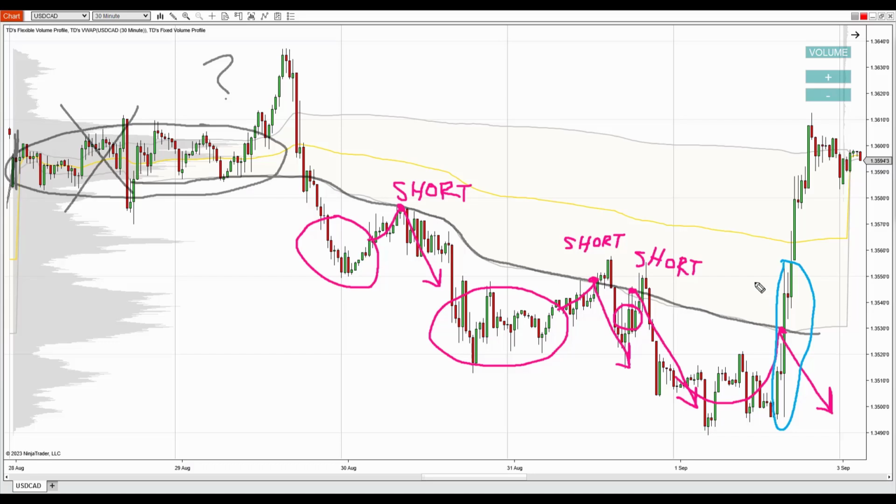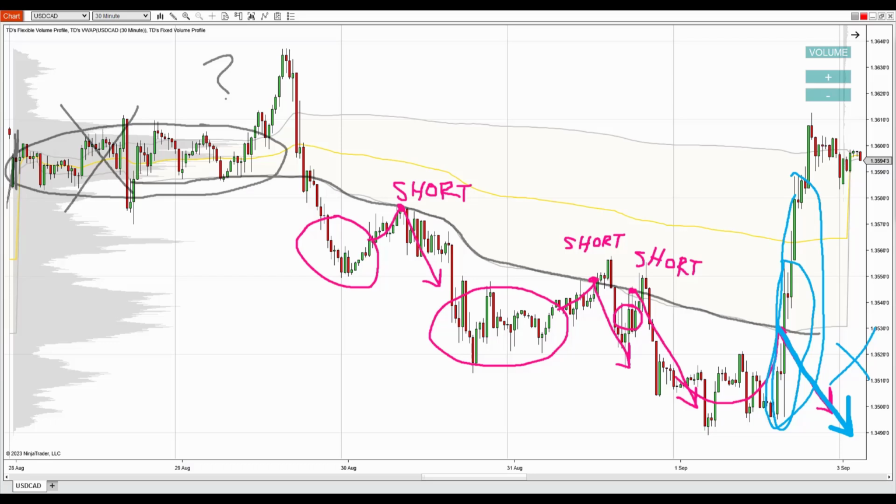This was the NFP news on the US dollar, and also at the same time there was the GDP news on the Canadian dollar. So very strong macro news in here, so no trade from this place. All right. If there was no news, then it would be fine to go short from this place again. So that's the core of the strategy.